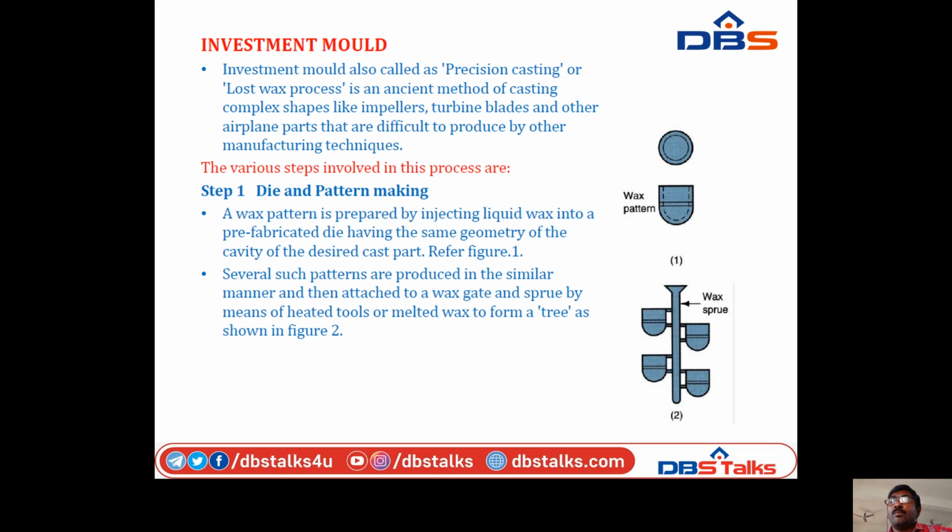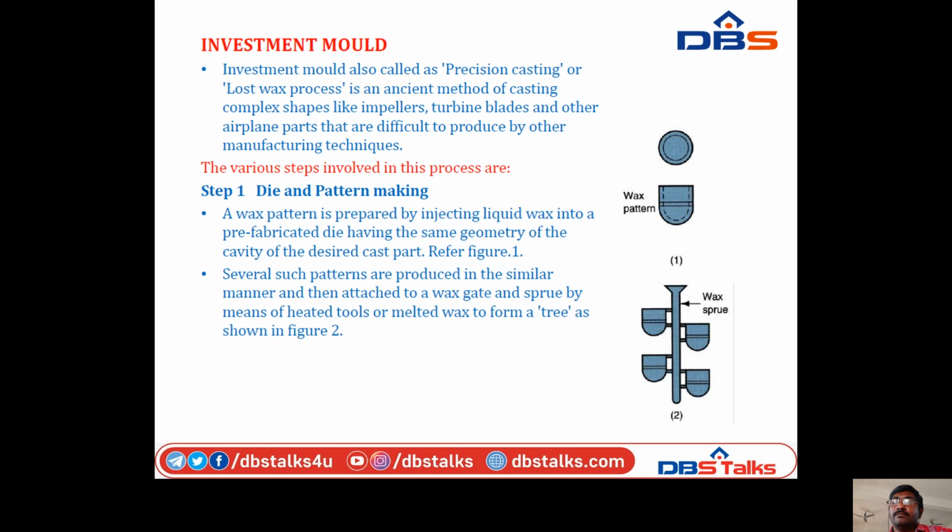Several such patterns are made in a similar manner and then attached to wax gates and sprue by means of heated tools or melted wax to form the tree, as shown in figure 2. So this is the wax pattern. The wax sprue forms the funnel at the top of the pattern.